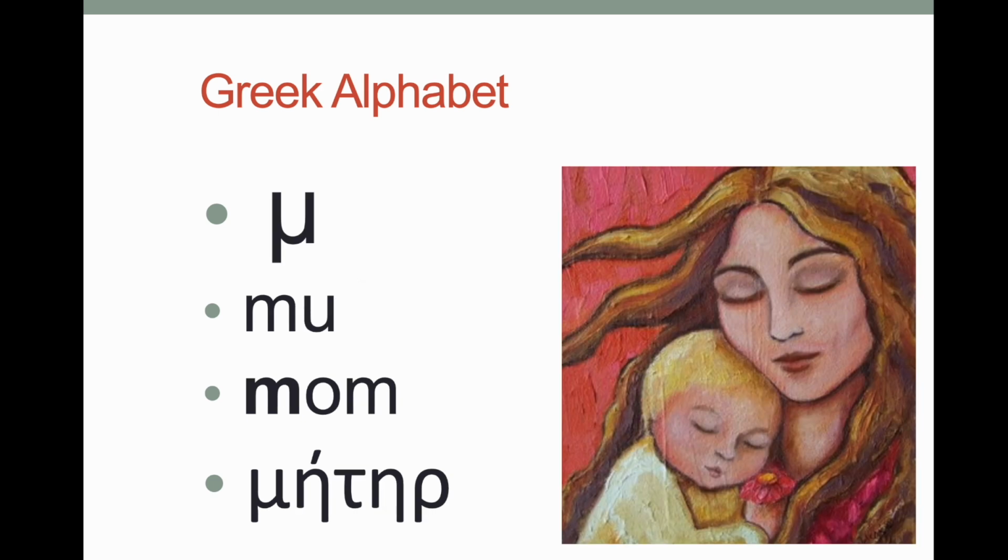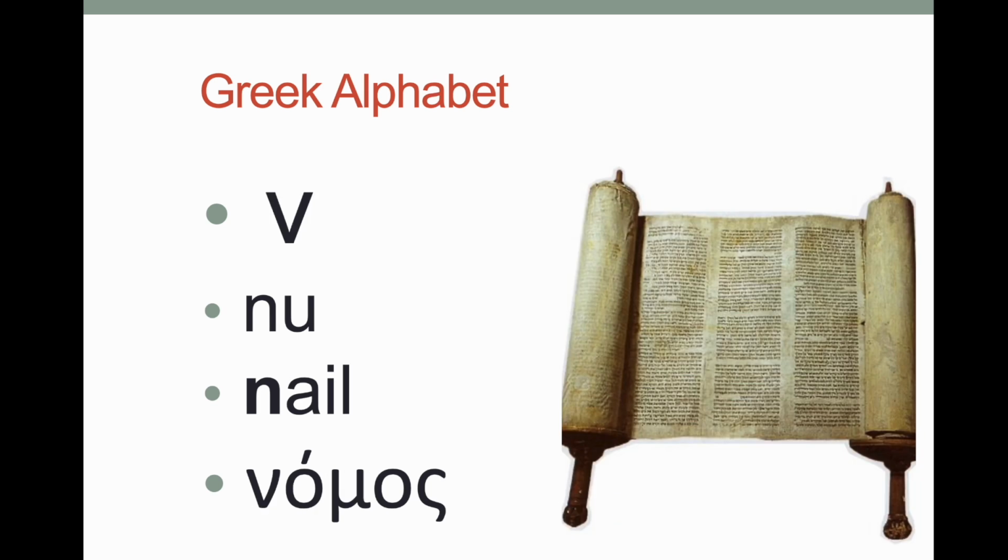The next letter is a mu, and a mu makes an M sound like the word mom. Interestingly enough, the Greek word there is the Greek word for mom or mother. It's mater. The next letter is a nu, and a nu makes an N sound like the word nail.